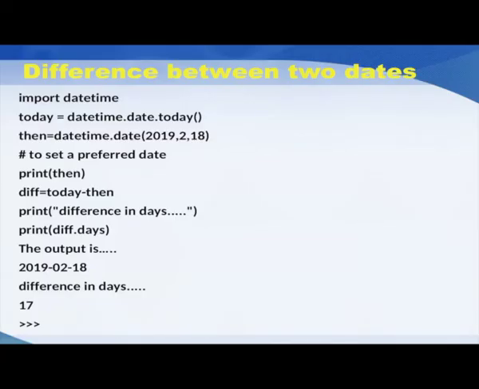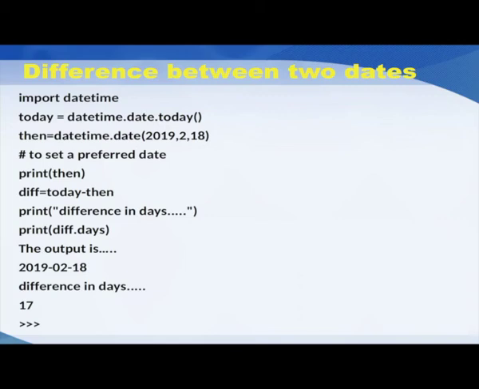As we have done earlier, we have imported the datetime module and we use the date class and today's method of that class to find today's date, and we are creating one object called then, which is set for the date we prefer. I am setting the date as 2019, second month, 18th day. So, this is the previous date then is set. When you print then you get 2019-02-18.